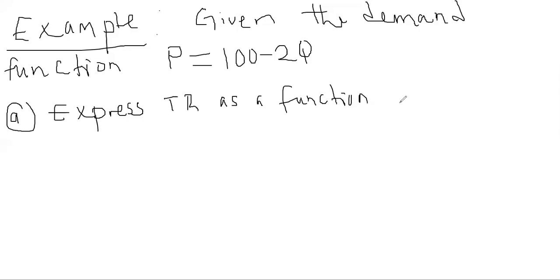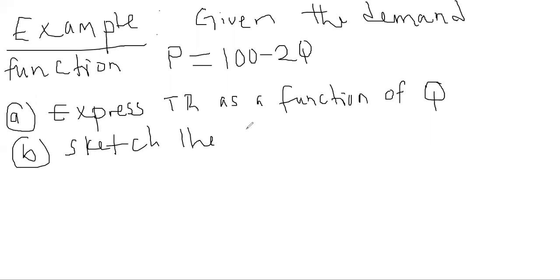So what they are saying in this question is to derive the total revenue function, and the input there should be quantity. And also it will ask us to sketch the total revenue function that we have in A.